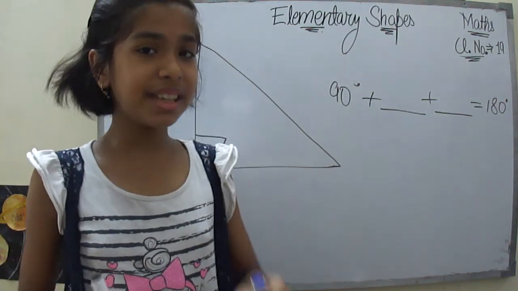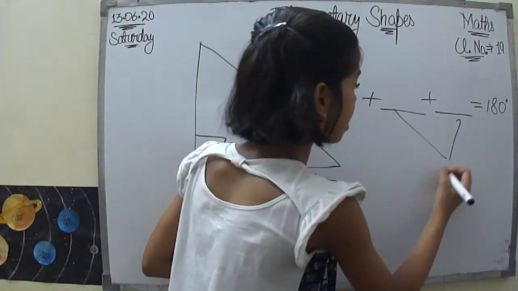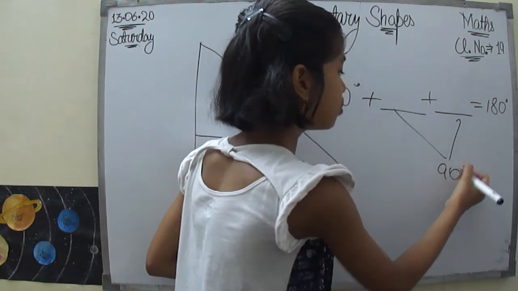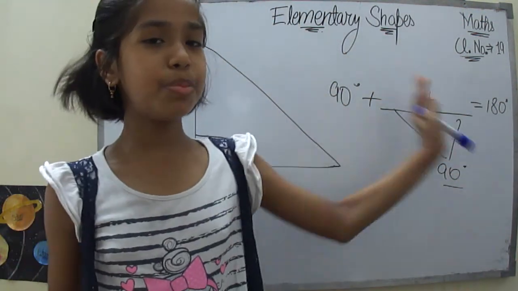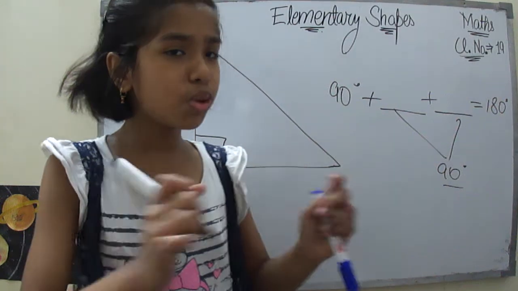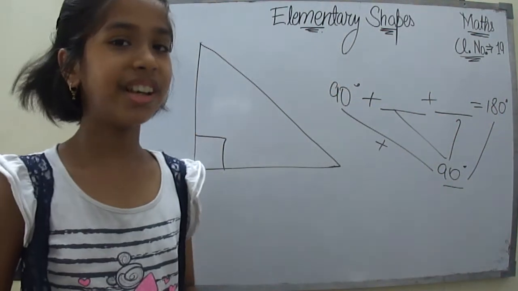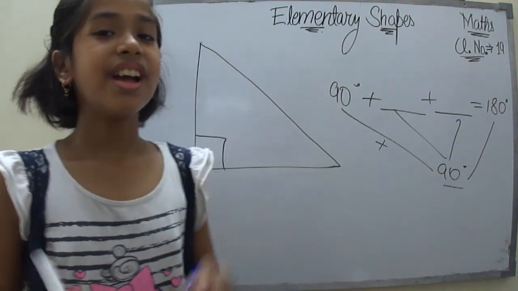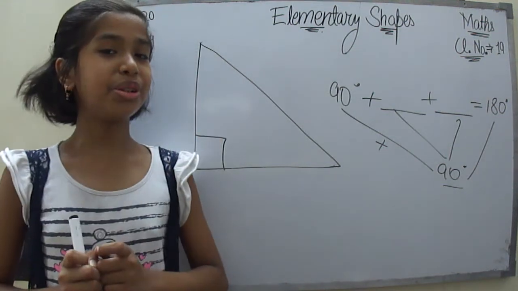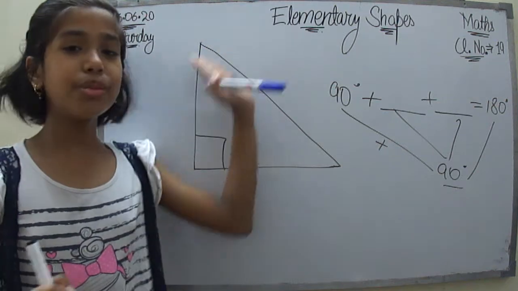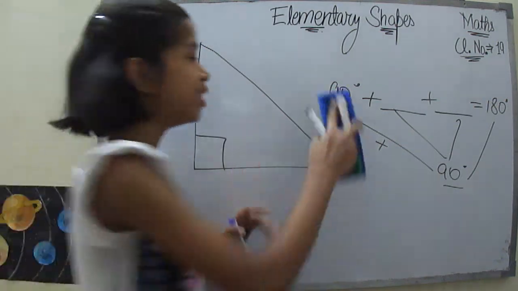The must thing is that the sum of these two angles should be 90 degrees, so that when we add these up, we get 180 degrees. Right? Clear? Now I think it is clear to you. So the two angles should sum up to 90 degrees.